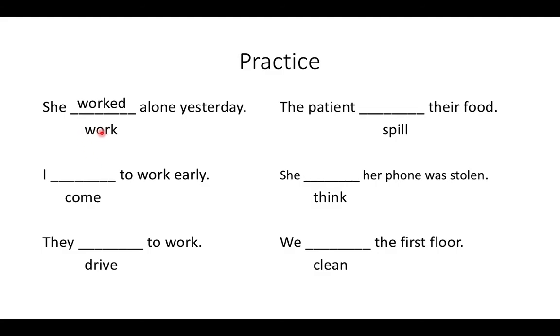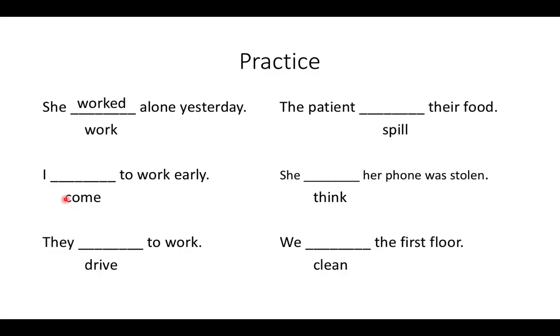If we put work right here, that's not right, because remember, if we said yesterday, so that's saying the past, so that wouldn't work. Also, remember, if we're saying the present tense, we have to add an S if it's she or he or it. So it would have to be she works alone, and we'd have to get rid of the yesterday to make it present tense. But since we want to make it past tense, we just do an ed, because work is a regular verb. It is a normal verb. You don't have to change it into a new word.